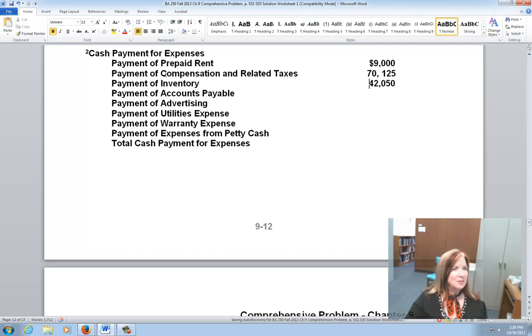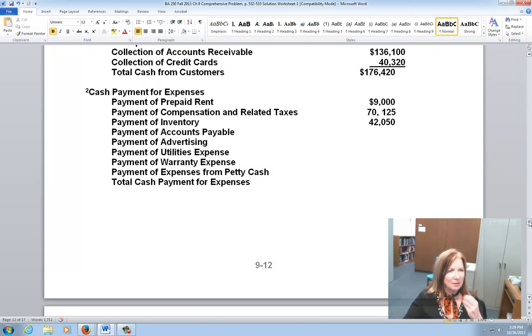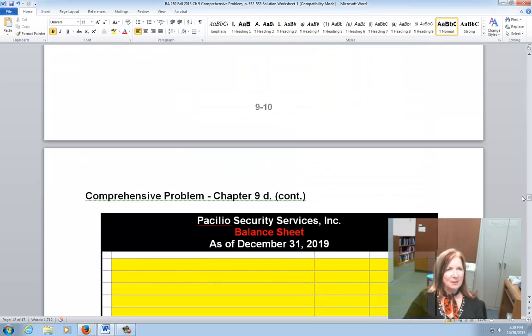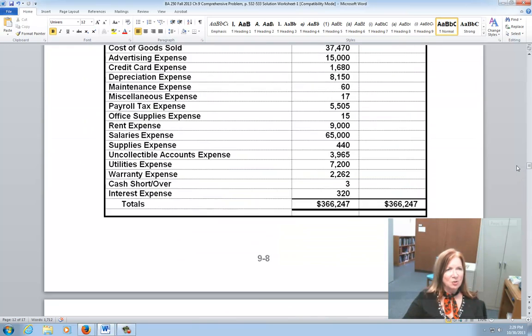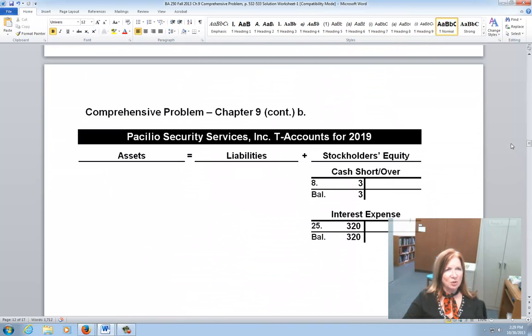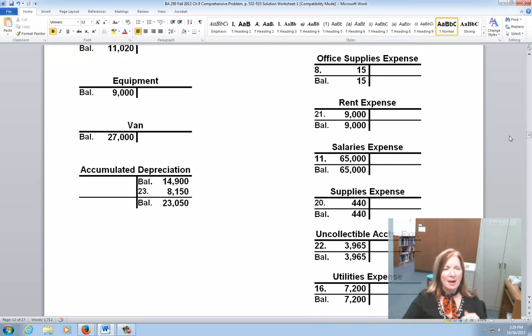Then the next one says payment of accounts payable. So now I'm going to go look at accounts payable. That's a liability. It's going to be in the center of these T accounts, the general journal T account. And remember, I'm not looking for the ending balance, so I don't want to use the trial balance. I'm looking for the transactions, the payments of. So this one is a payment of accounts payable.